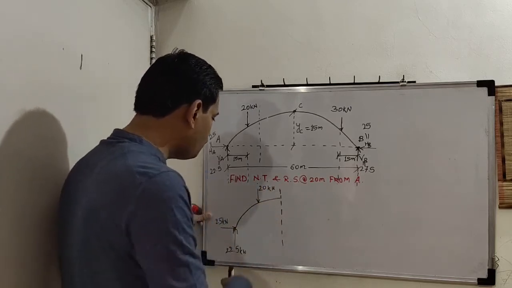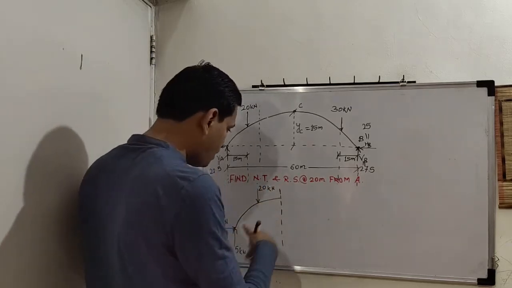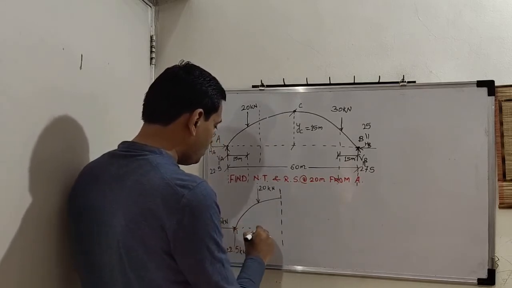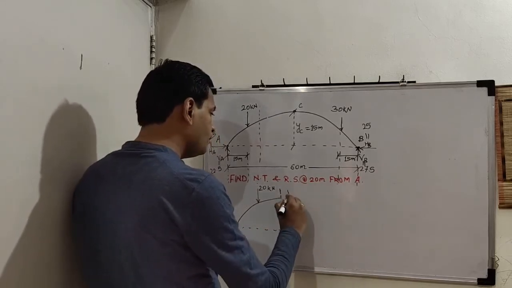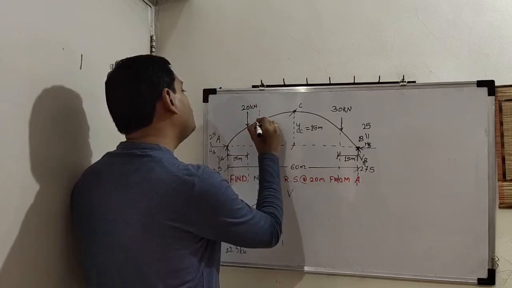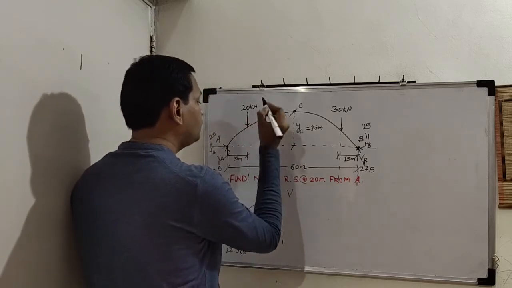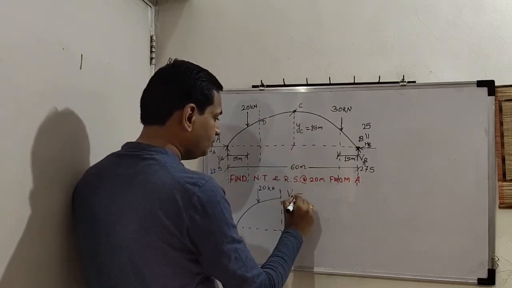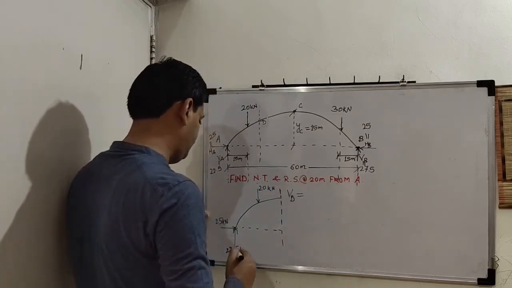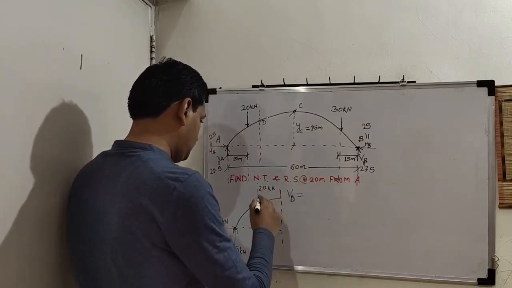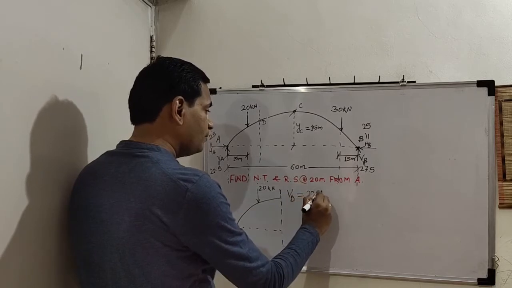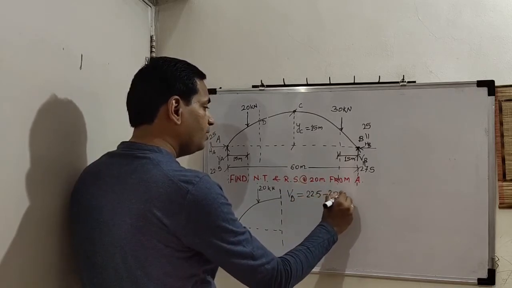So what is the unbalanced force on the left hand side? If you apply summation Fy is equal to 0, what you will get is V. Let us say this is point D. So VD is equal to 22.5 minus 20.